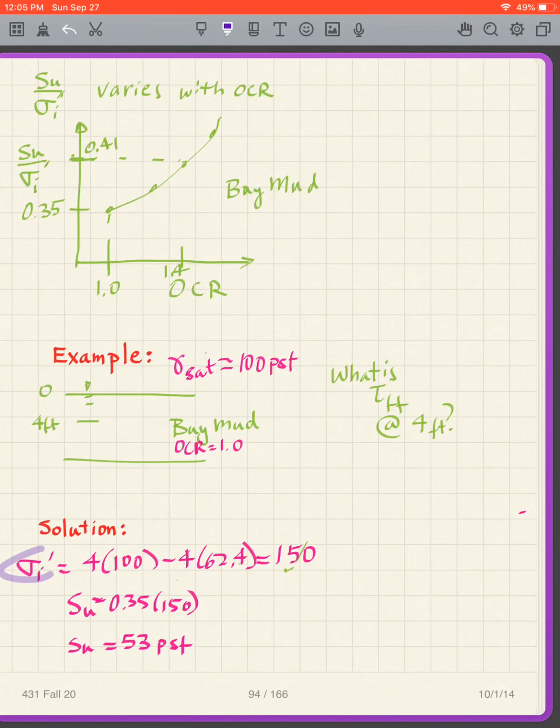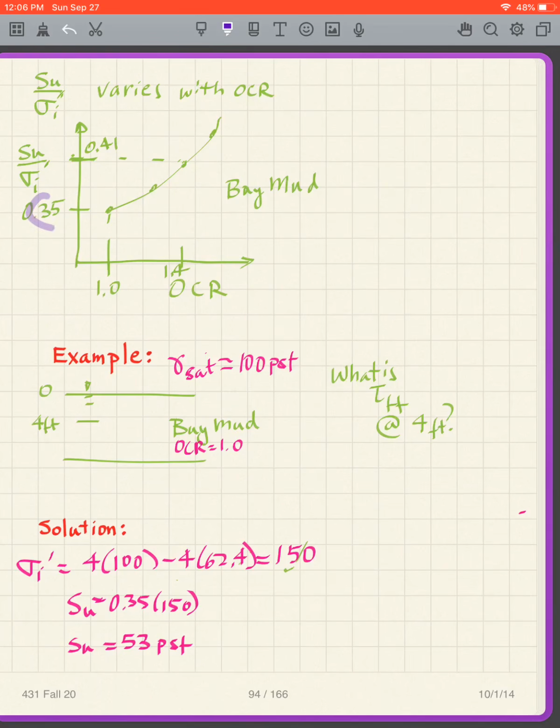We can simply get our sigma prime I. Well, at 4 feet, it is 4 times 100 minus 4 times 62.4, with the water table at the ground surface. And we get a sigma prime I of 150. Well, if I'm using this 0.35, then I simply go 0.35 times 150, which gives me my SU, 53 PSF.